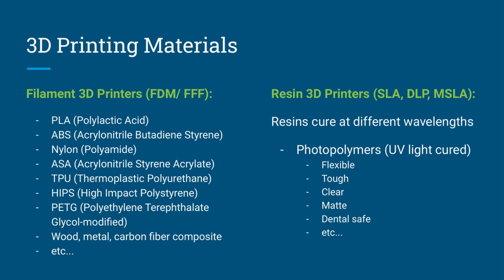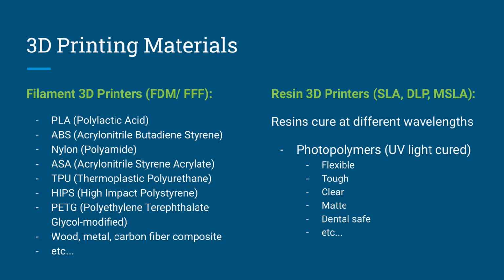So moving on to the resin 3D printers like SLA, DLP, MSLA. These printers are a little bit more complex as different resins cure at different wavelengths. All the resin 3D printers cure the resin with light or UV light, so these resins are photopolymers. Some resin printers have to use different resins because different lights cure different resins at different wavelengths.